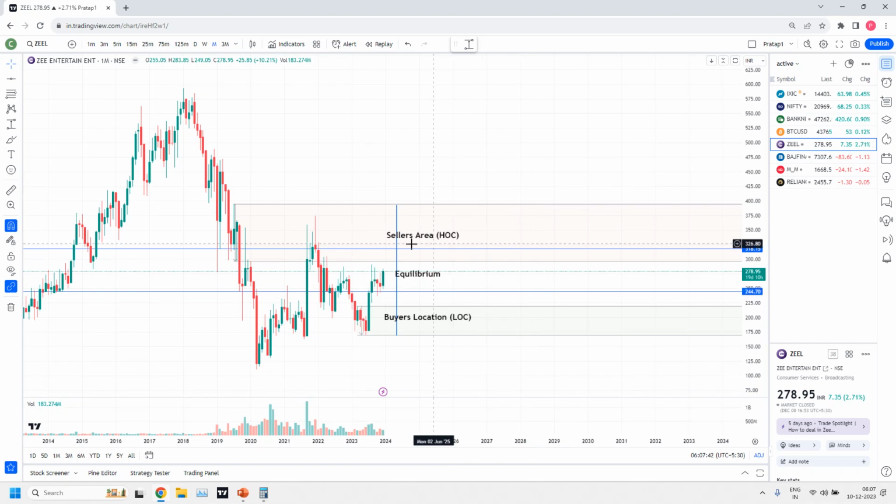So we have identified three areas: seller's area, equilibrium, and buyer's area.